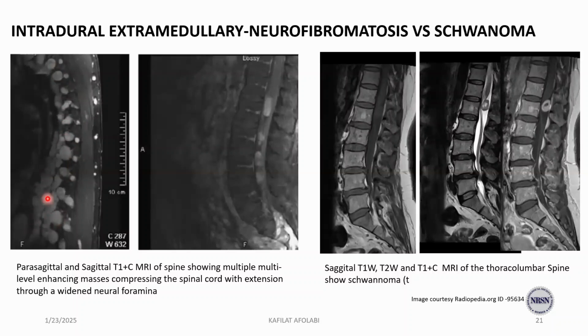Parasagittally, there are multiple solid enhancing lesions spanning multiple levels and extending into the neuroforamina, expanding them, of course, because we can see that these lesions are obviously bigger than the keyhole sign we talked about, where we see the exiting nerve surrounded by the beautiful fat. All that is lost here, and it has been replaced with multiple masses, some of them tending to coalesce.